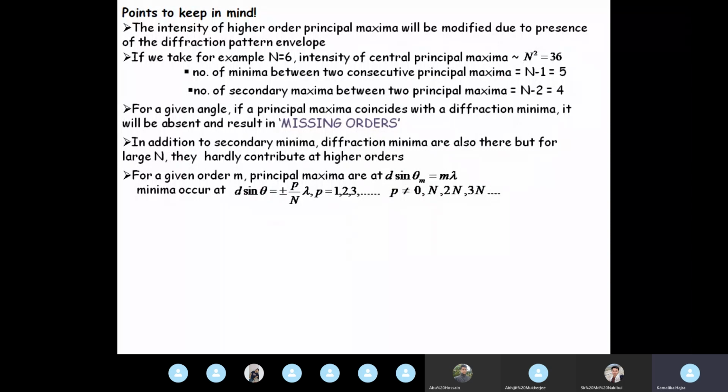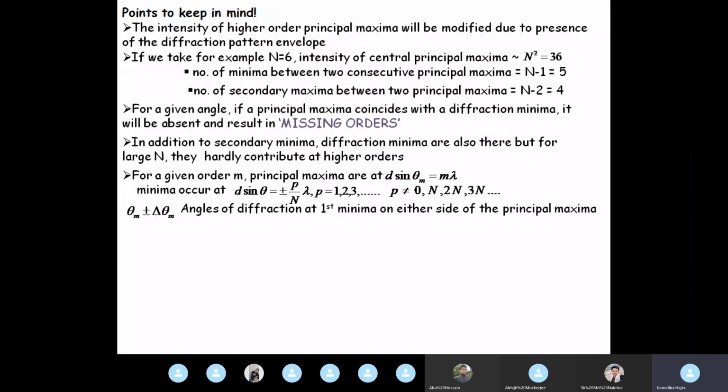Now, for a given order m, principal maxima are at d sin theta m equal to m lambda, right? And we also saw that the minima occur at d sin theta equal to plus or minus p by n lambda, where p equal to 1, 2, 3, and so on, p not equal to 0, n, 2n, 3n, etc. Now, suppose, please follow this very, very carefully.